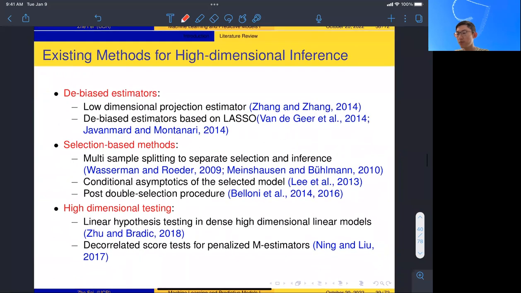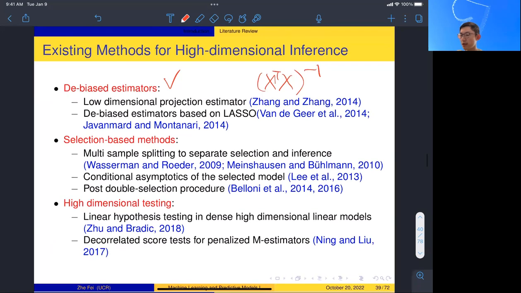There are some previous works; if you are interested, you should refer to these papers to get a sense. And from previously, like William's question, these debiased estimators exactly want to estimate this X transpose X inverse, the so-called precision matrix. And there are some other methods as well.